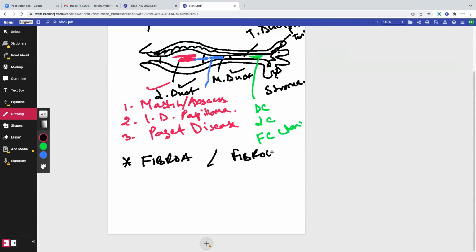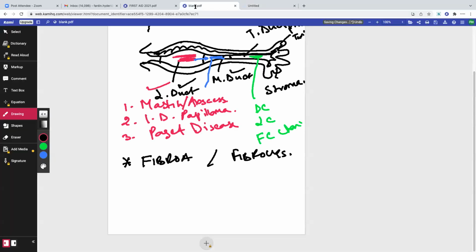This is something a lot of students have problems understanding. These are the first two benign breast conditions I want to talk about.